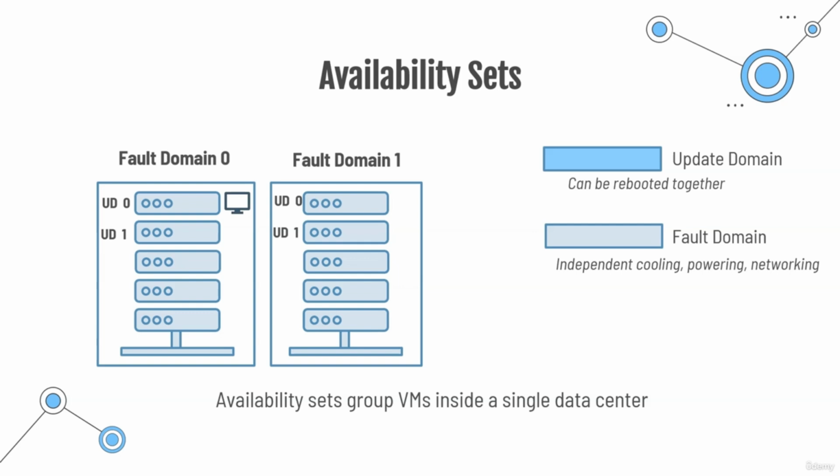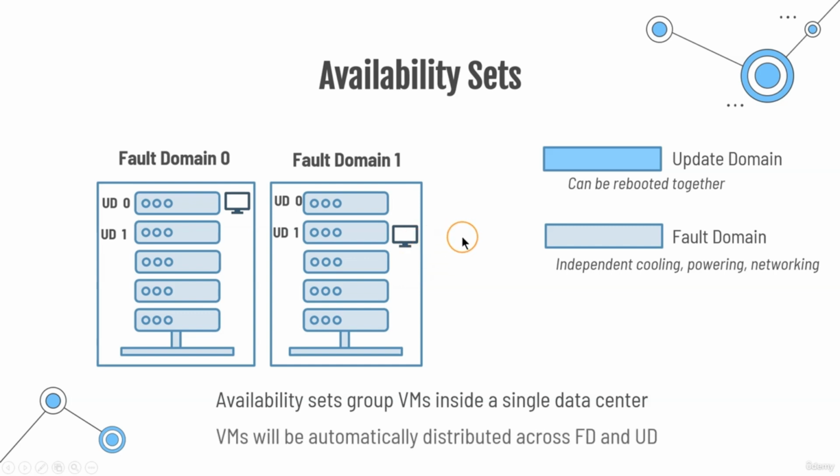But for example, if we create the first virtual machine, this should be then in the update domain 0 and fault domain 0, and then the next virtual machine within the same availability set should be in a different fault domain and also in a different update domain. So this is what the availability sets are. And don't worry, we don't need to worry about how this is distributed. This will be done automatically by Azure.